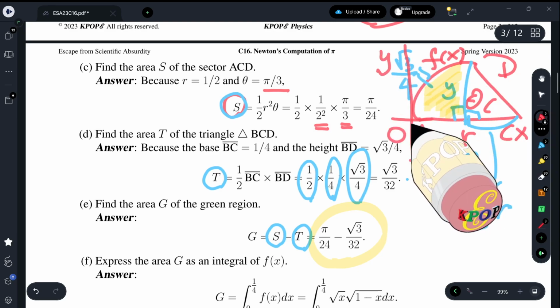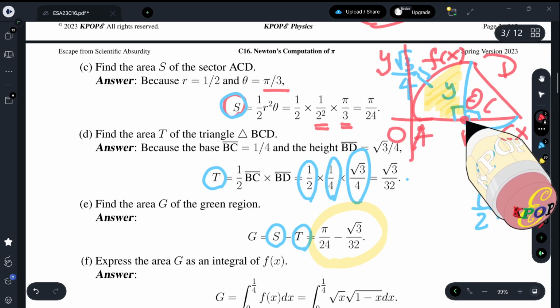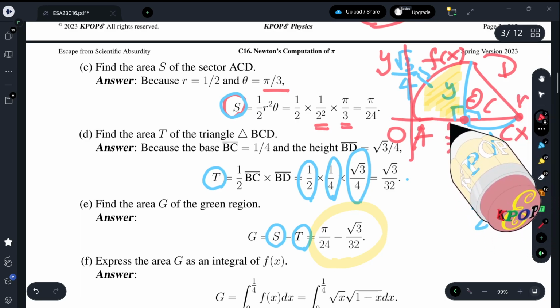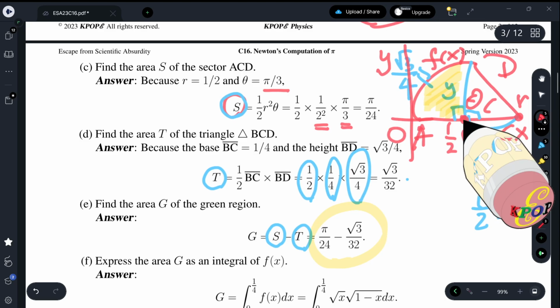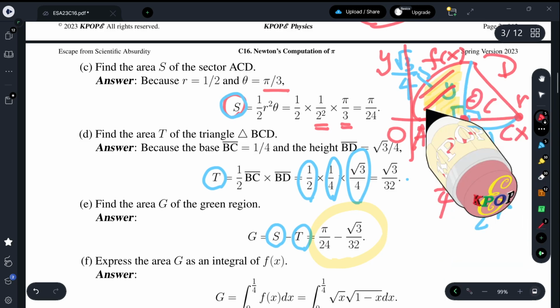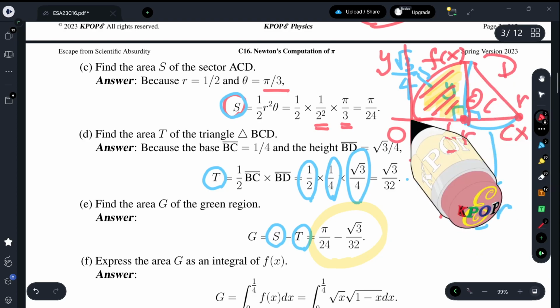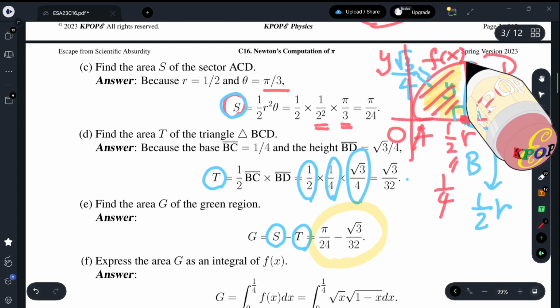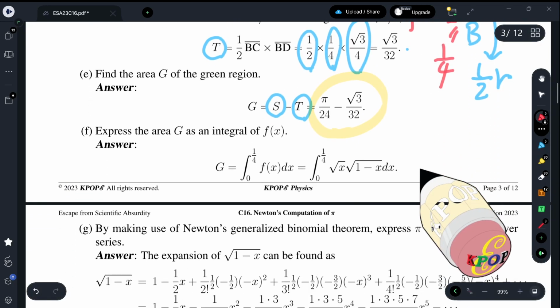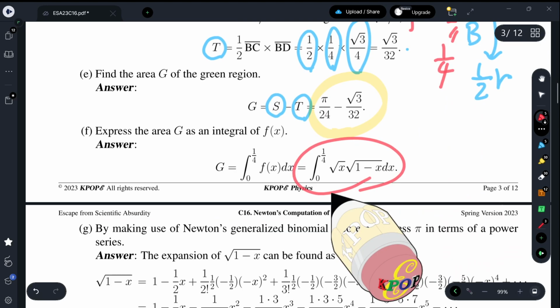And this is 0, and here this is the radius r, so this is 1/2 of r. That is 1/4. So this area can be expressed as a definite integral of f of x from 0 to 1/4. As a result, I can express this integral in this manner.